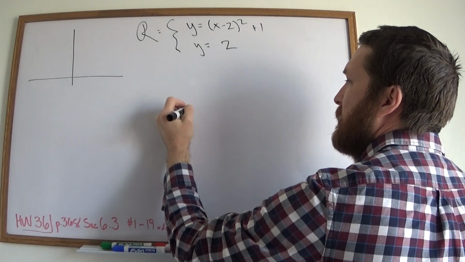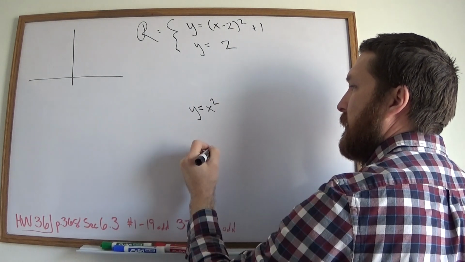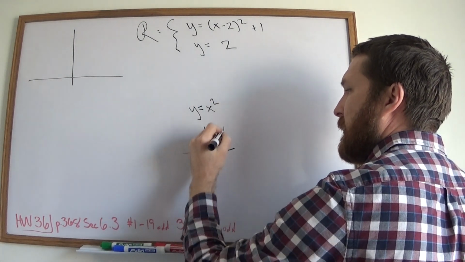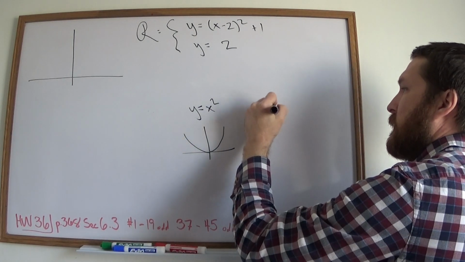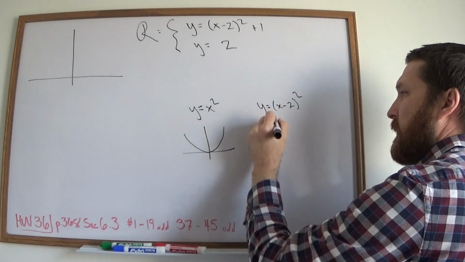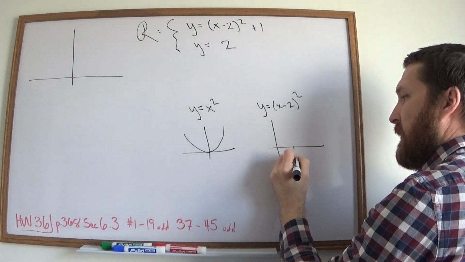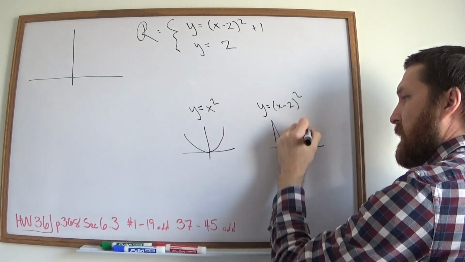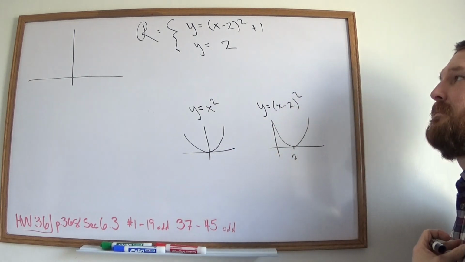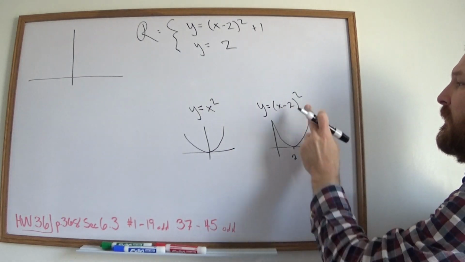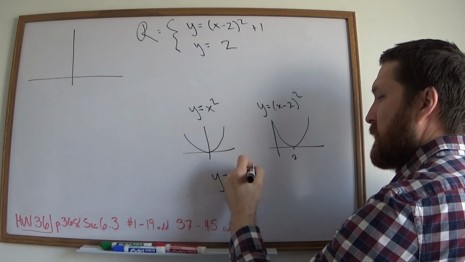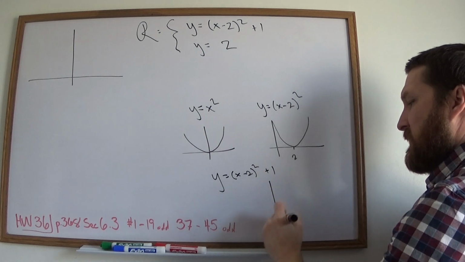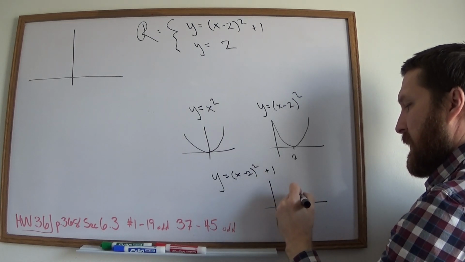And I notice that if y equals x squared, I have this thing. And if y equals (x minus 2) squared, I have this thing, because I paid attention in Algebra 2. And then I say, well, if I do y equals (x minus 2) squared plus 1, that just shifts everybody up by 1.